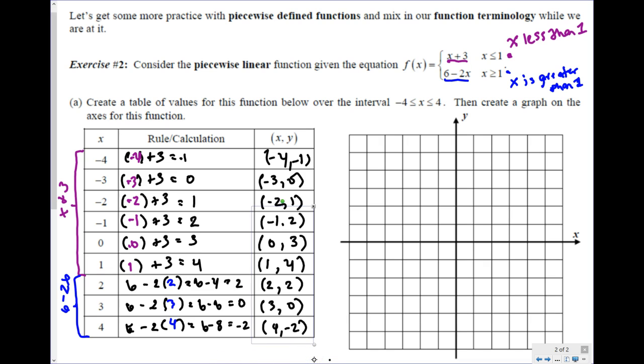So let's make our graph. The first one is at negative 4, negative 1, which is here. Negative 3, 0 here. Negative 2, 1, so these all are going up in a straight line.